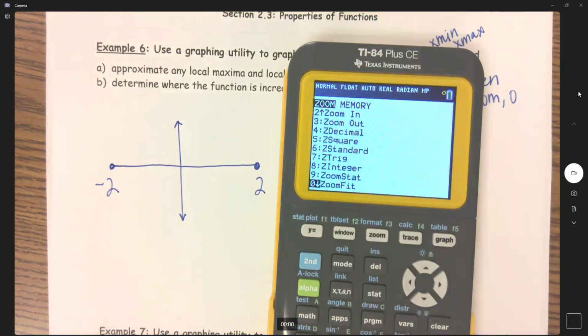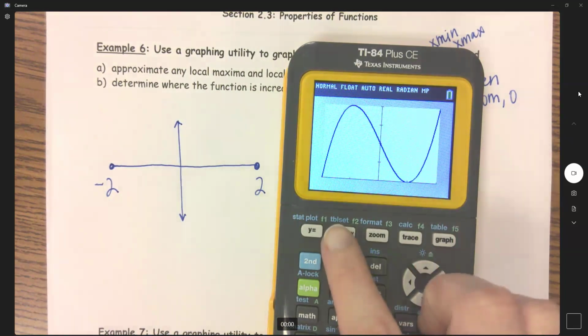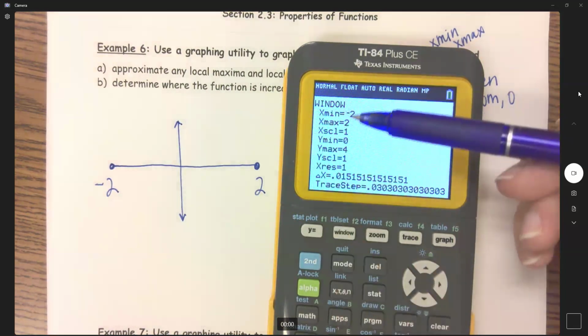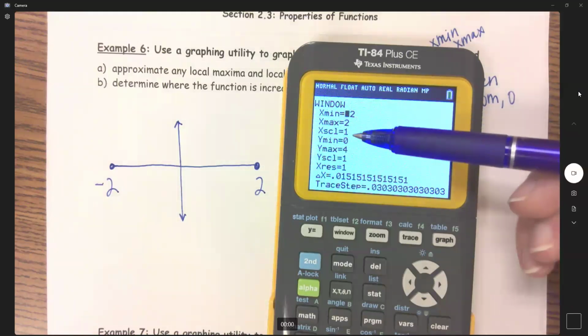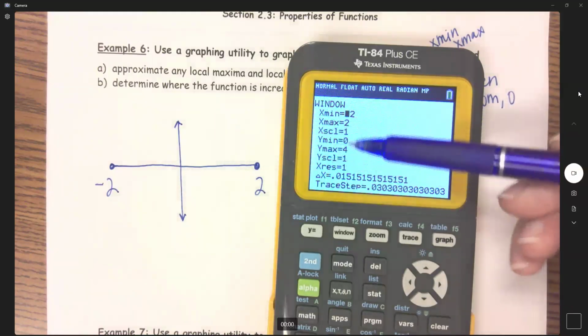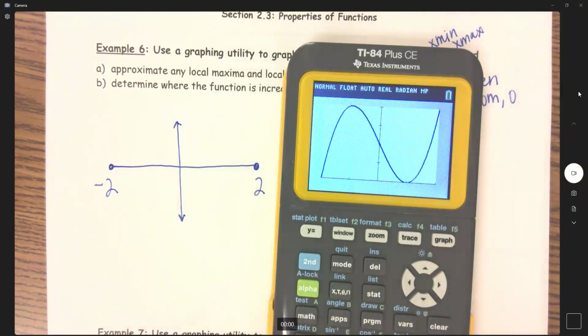So I'm going to click that, hit enter. And here is my graph. What that did, if I go back to my window, it keeps my x min and max where they should be. And then the calculator picks the best y min and max to fit your graph.